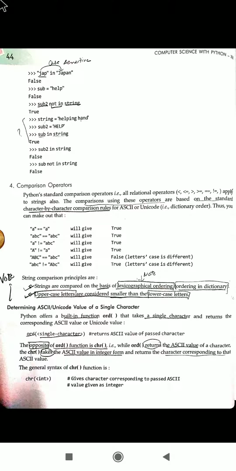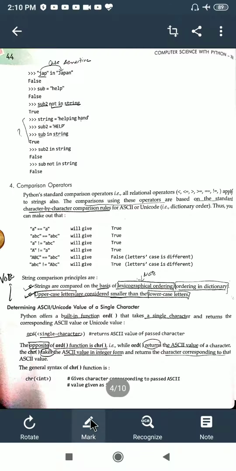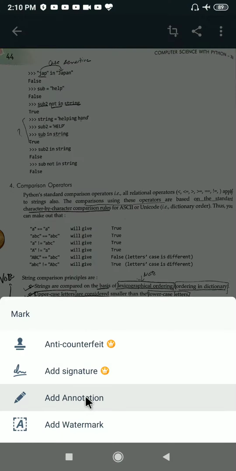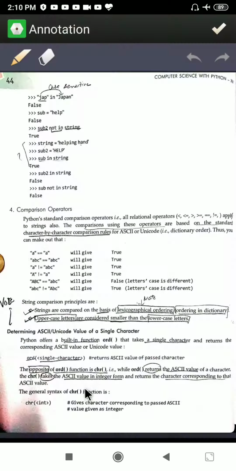Fine. So the next thing you should note down is that uppercase letters are considered smaller than the lowercase. Why are we considering them smaller? Because every character has a certain ASCII value. ASCII means American Standard Code for Information Interchange. If we write capital A, the ASCII value for capital A is 65.